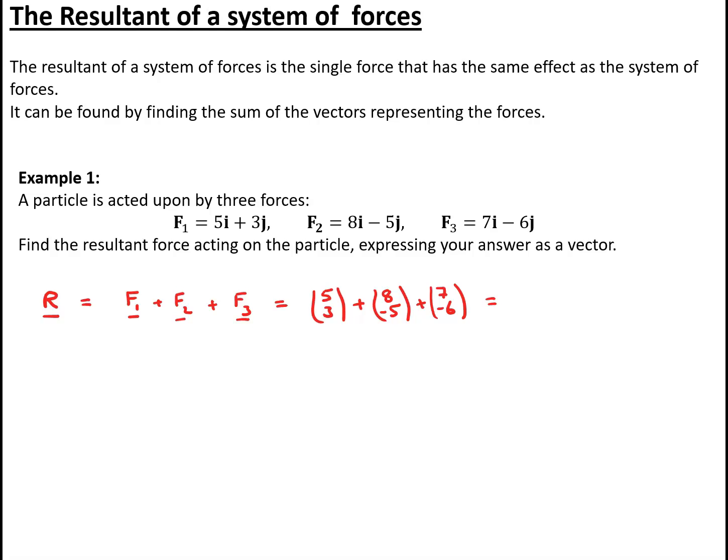The y components are 3, -5, -6, so that is -8. And we can write the final answer as the vector (20, -8), or we could equally well write it as 20i minus 8j. I would usually leave this answer as simply being the vector (20, -8).